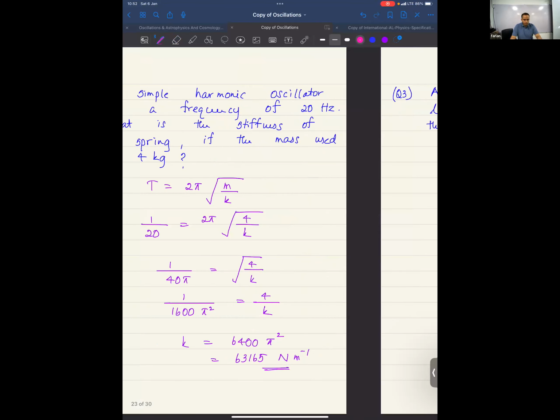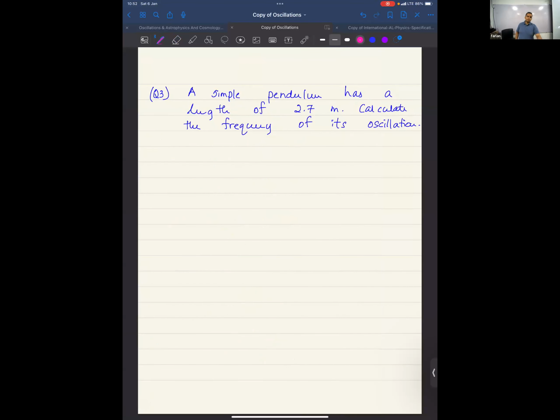A simple pendulum has a length of 4.7 meters. Calculate the frequency of its oscillation.